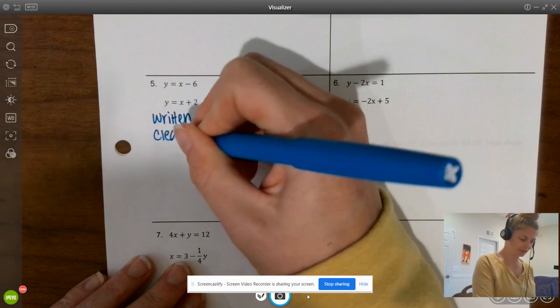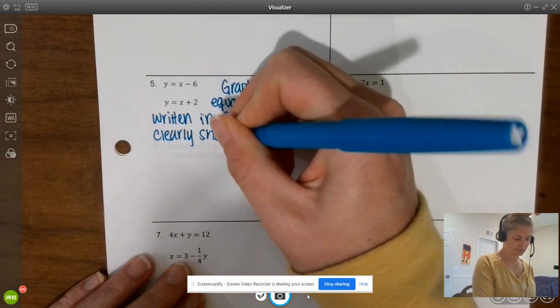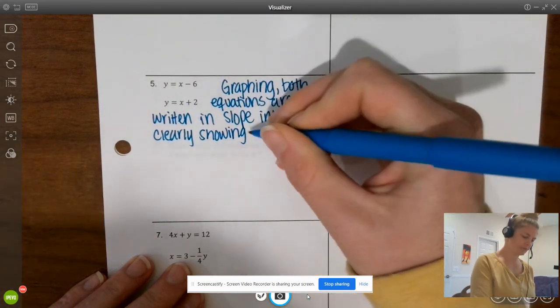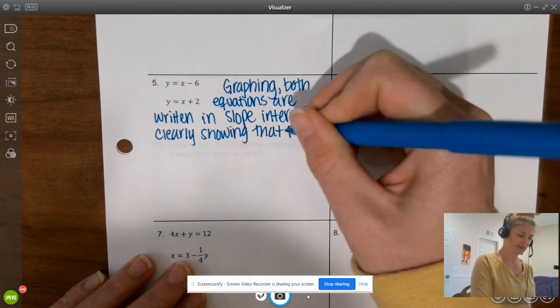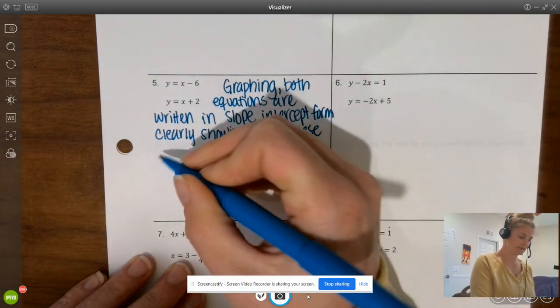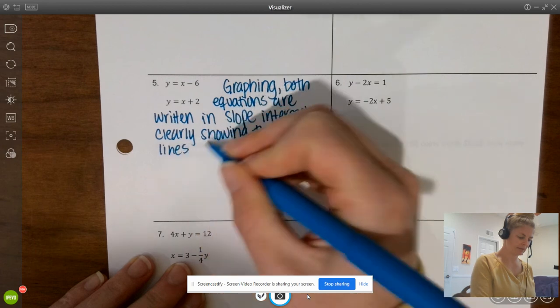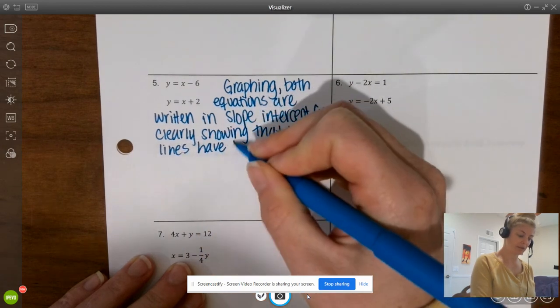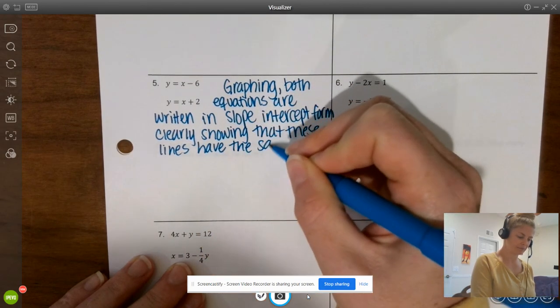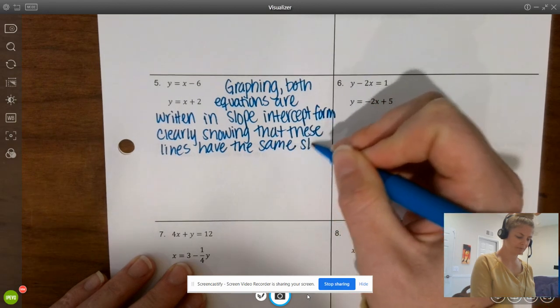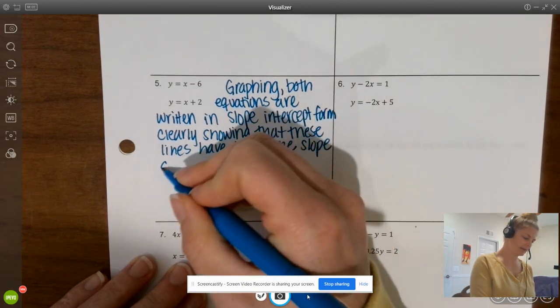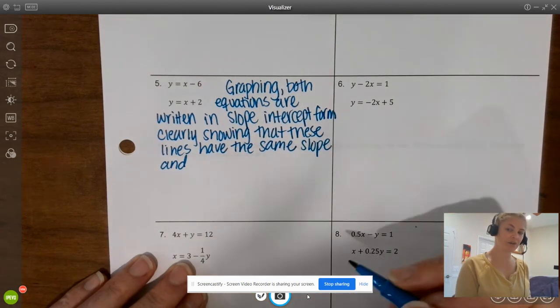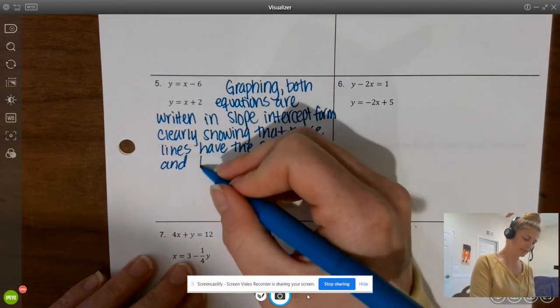Clearly showing that these lines have the same slope, and what else do you notice about them? That's right, different y-intercepts.